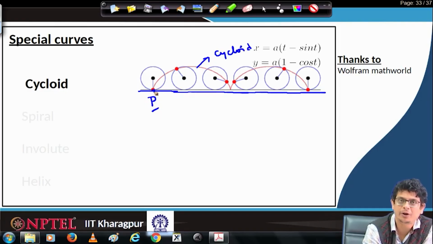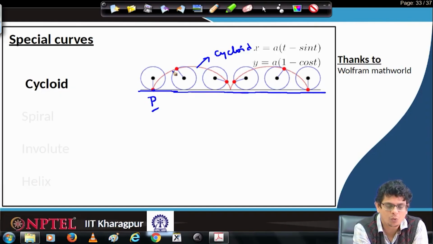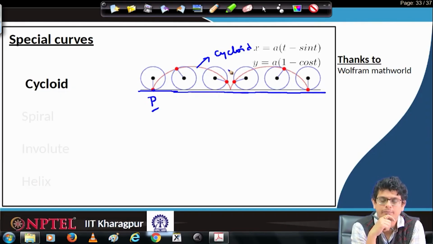For example, at the next instant this point P reaches somewhere there as the entire circle rolls. If we keep a pencil or pen on point P, whatever track we get, that is what we call a cycloid.